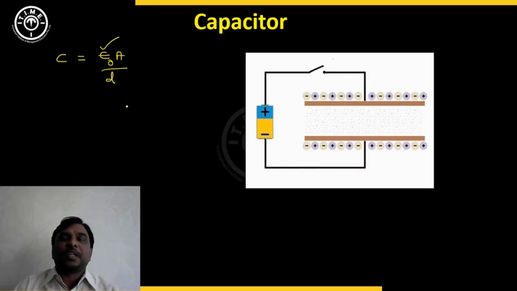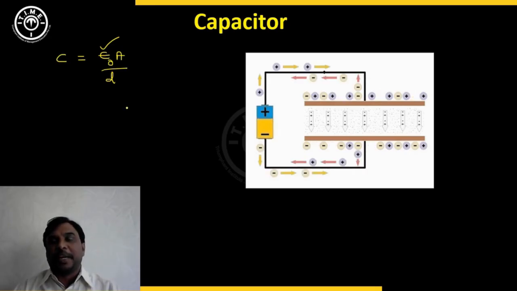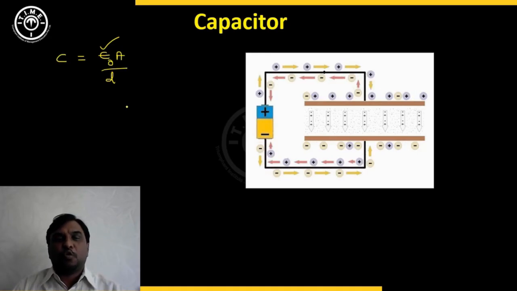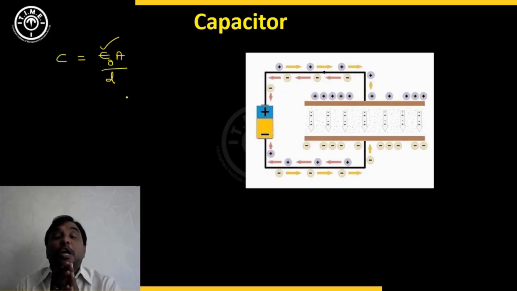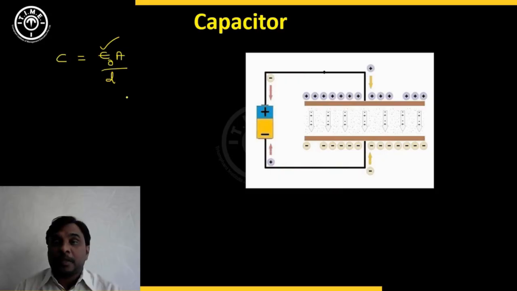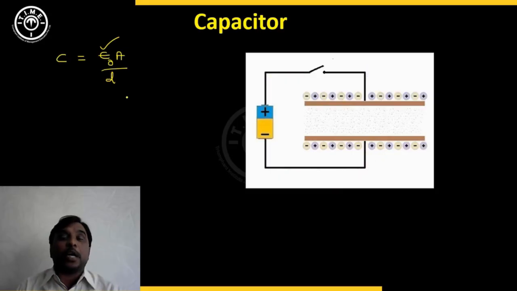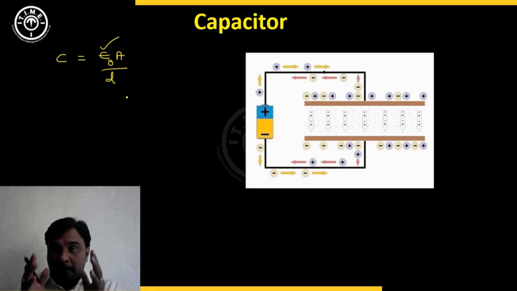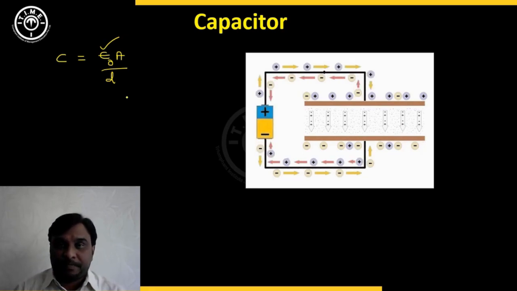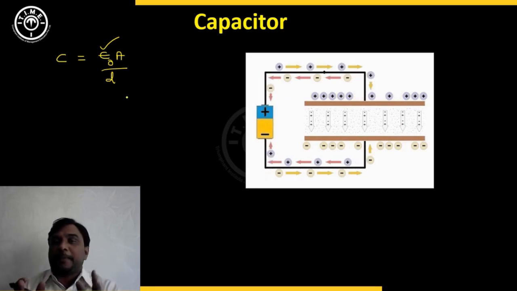The capacitance depends on the medium between the plates and the dimensions of the plates. Only these factors. It does not depend on the charge, and it does not depend on the battery to which it is connected. The capacitance of the capacitor is fixed.